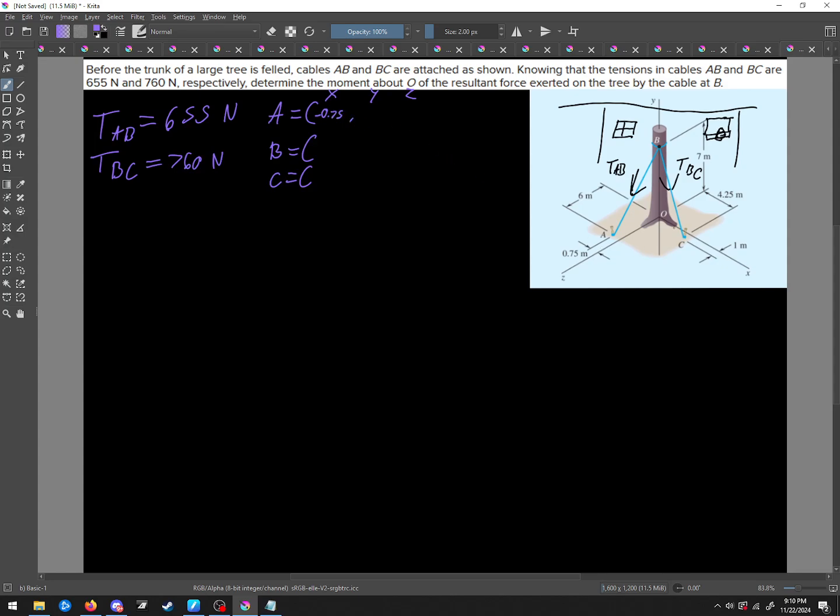For Y, we're going to have 0. And in fact, we're going to have 0 for C as well, but we haven't gotten there quite yet. So for Z, we're going to have 6.